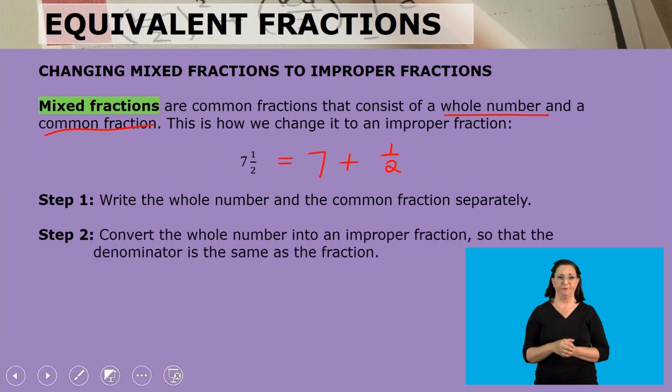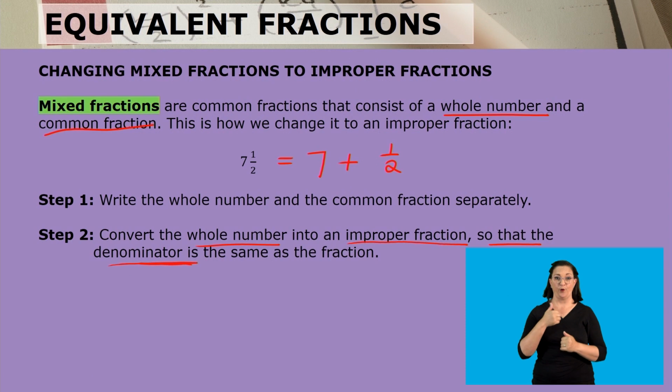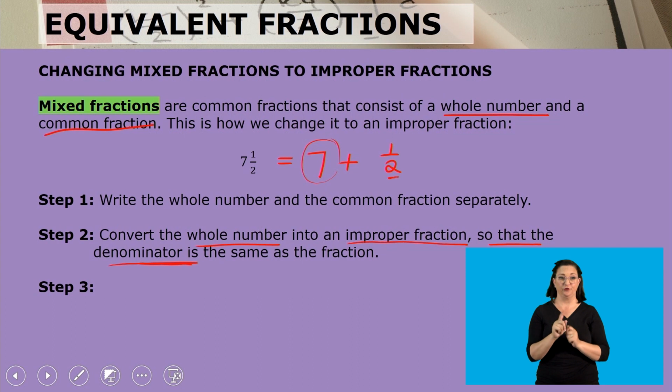And then what do we do next? We convert the whole number into an improper fraction so that the denominators are the same. So we need to get this 7 to have the same denominator as the common fraction without changing the value. And how are we going to do that?